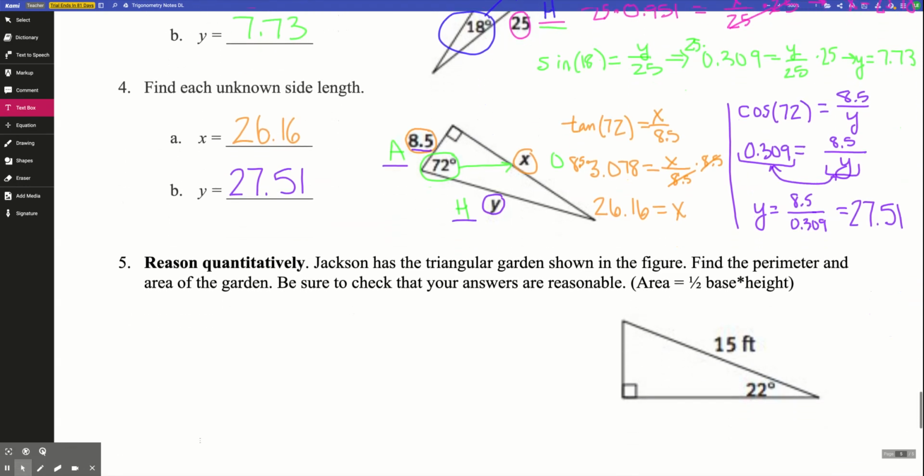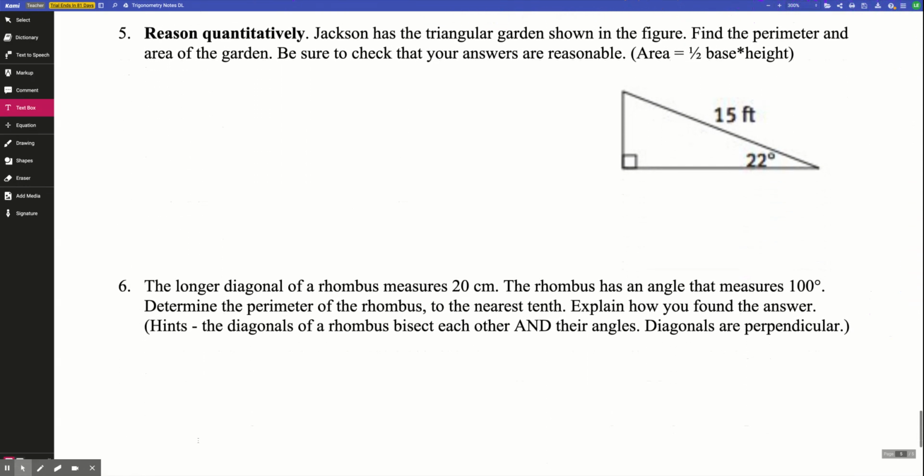All right. Okay, so let's take a look at these last 2. And these last 2 are more word problem based. Okay, so here we're trying to build a triangular garden as shown in the picture. They want us to find the perimeter and the area. Okay, so in order to find the perimeter and the area, I need both the base and the height of this triangle right here.